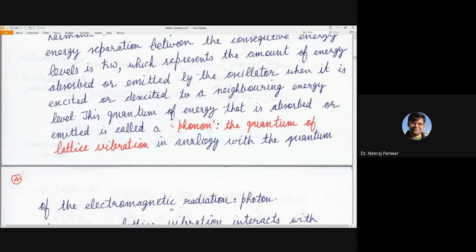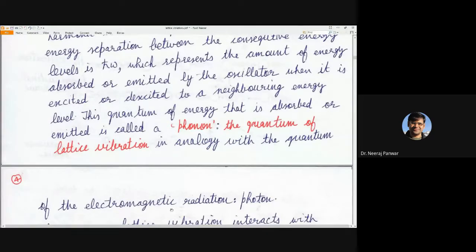Similarly, when we consider magnetism, and we have a ferromagnetic or antiferromagnetic material, in a ferromagnetic material all the spins are aligned in one particular direction at T equal to 0 Kelvin. If we excite one spin, meaning we flip one spin, then a wave is generated in that ferromagnetic material, and that wave is known as a spin wave.